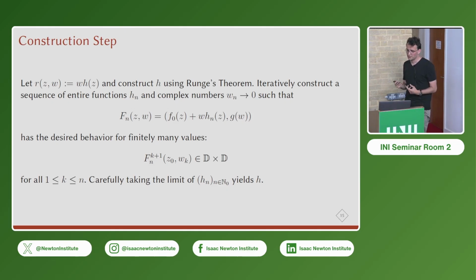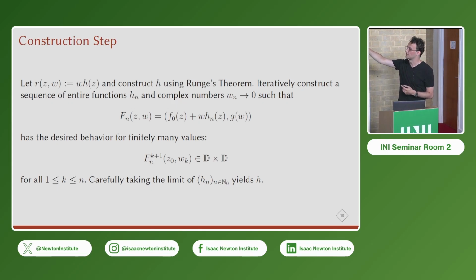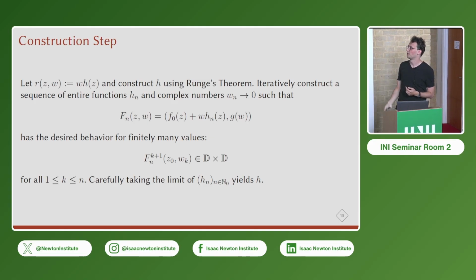So what we actually want to do is construct iteratively a sequence of functions, Hn, which do almost what we want our final limit function to do, and then we want to take H as a limit of a sequence. More precisely, if we have an entire function Hn, we want to define the associated skew product, so basically what we want in the end, but instead of H, we use Hn.